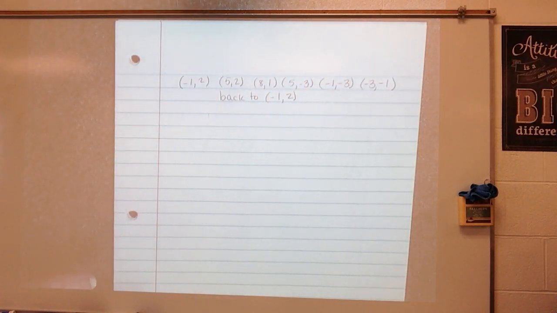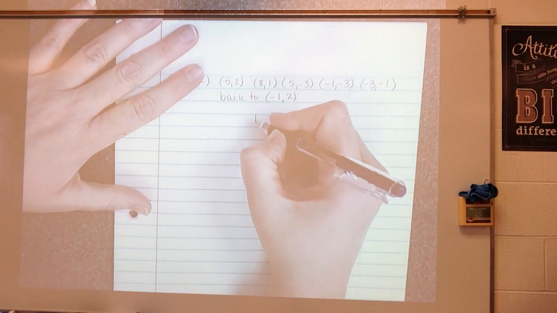Okay? And it tells me the edges are line segments that connect successive pairs of vertices. It wants us to find the area of this polygon.